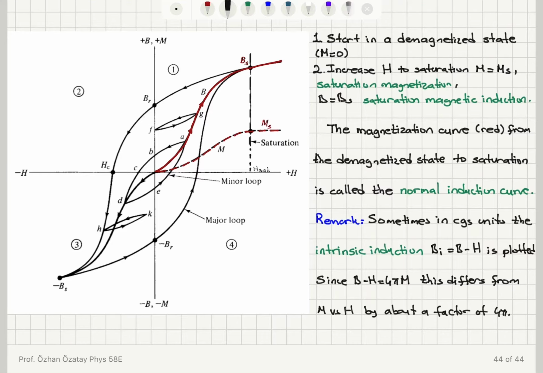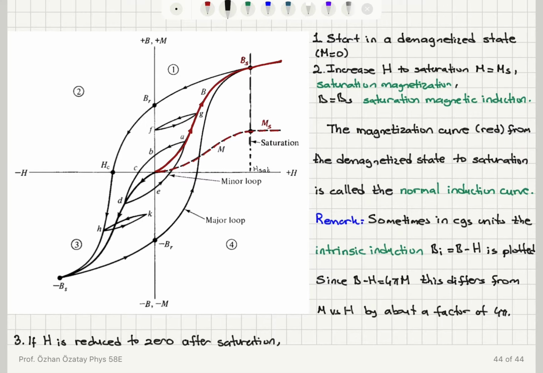So the third step, what we will do is we will reduce the magnetic field to 0. So if H is reduced to 0 after saturation, what will happen?